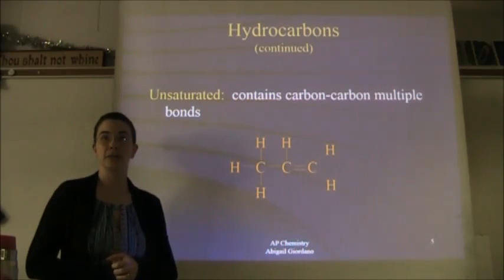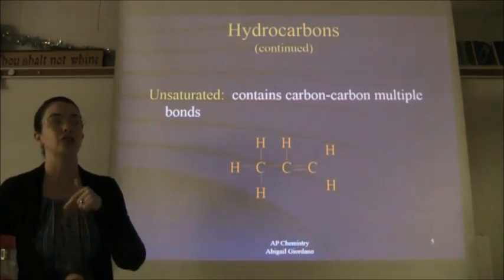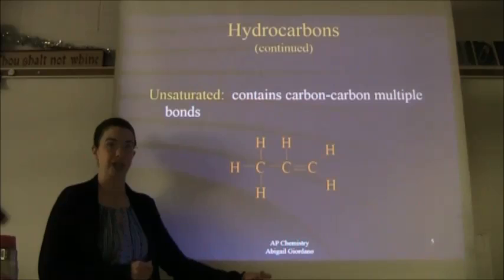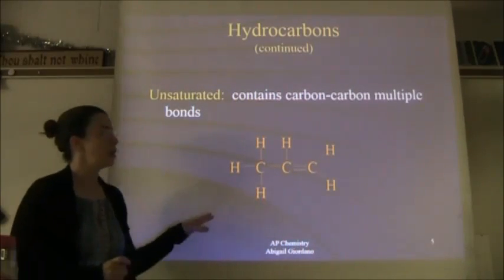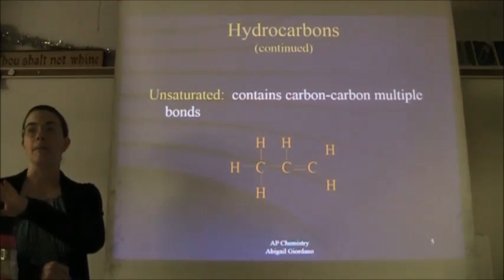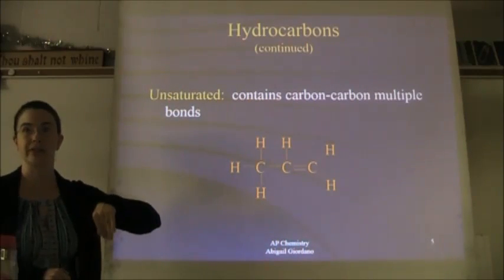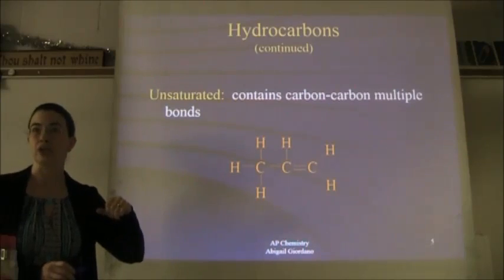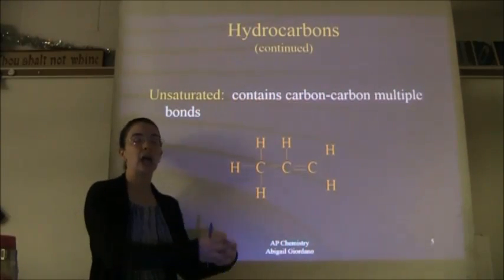Require. Okay. So your body has to do work. Your body has to actually expend energy to digest food. Now, which is going to require more energy to digest? An unsaturated fat or a saturated fat? Unsaturated. An unsaturated fat.